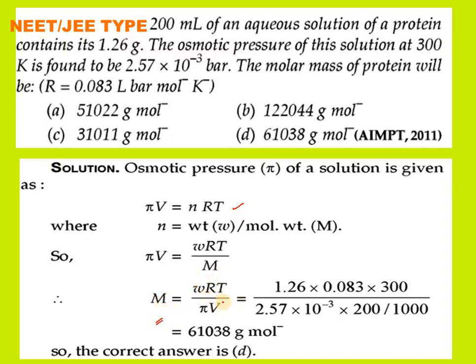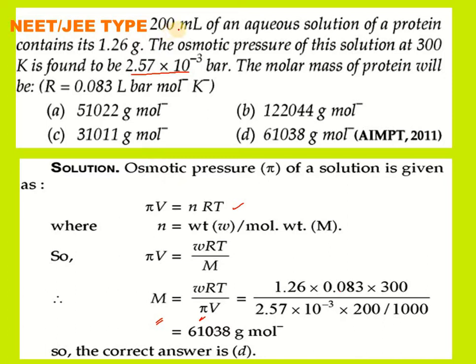Molecular weight is equal to WRT by pi V. The weight given in the problem is 1.26, R value is 0.083 and the temperature given is 300 Kelvin, divided by the osmotic pressure. Pi is nothing but the osmotic pressure, given in the problem as 2.57 times 10 to the power of minus 3 bar, into the volume.